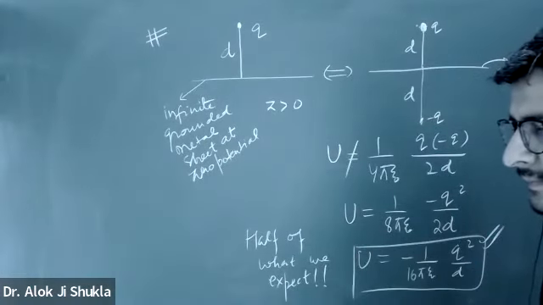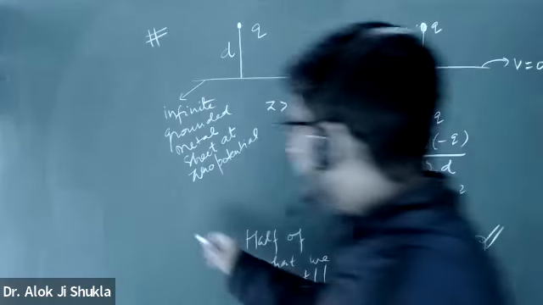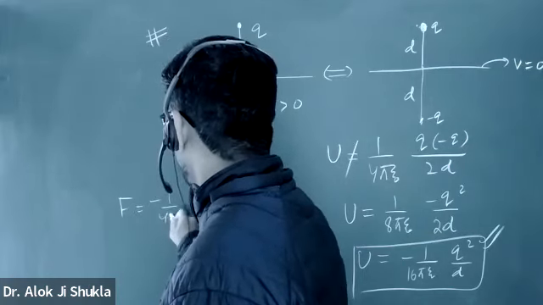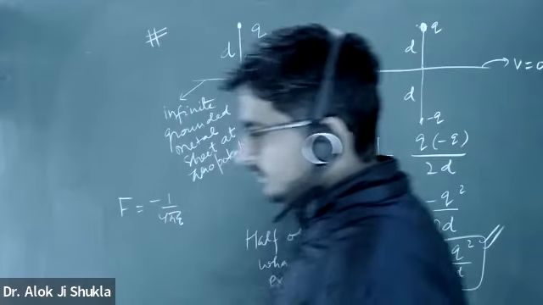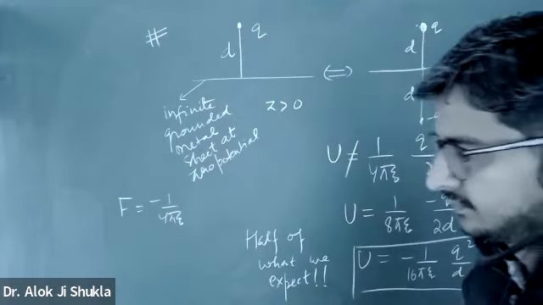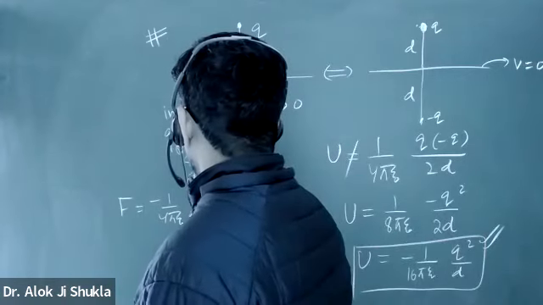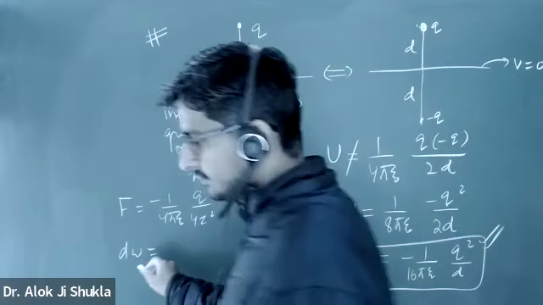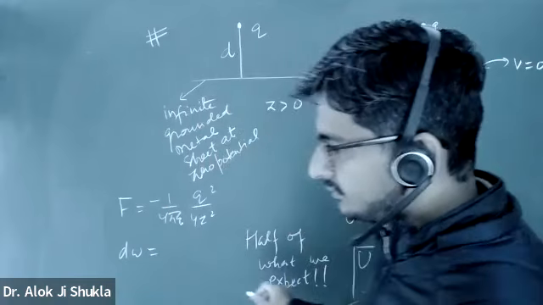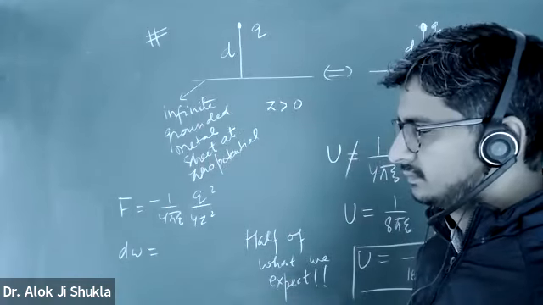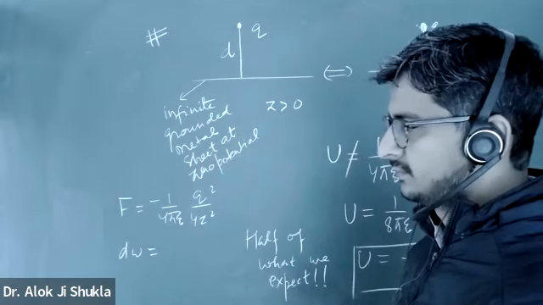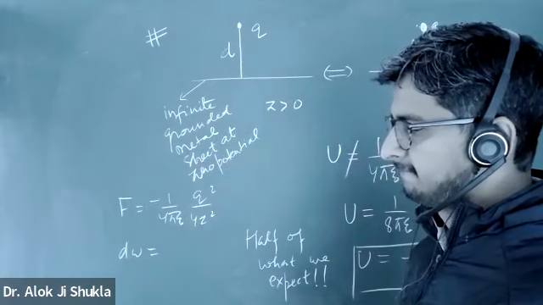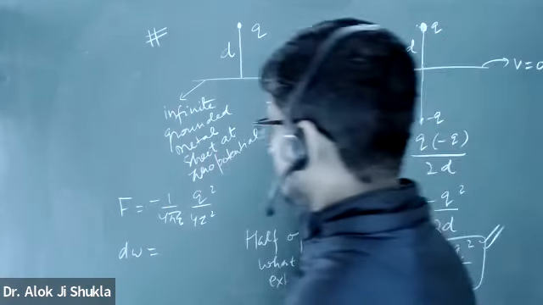So I encourage you to calculate quickly. Can you do it? What was F between them? 1 by 4 pi epsilon 0 q square by 4z square. So small work done, F dot dl. What will be small work done?